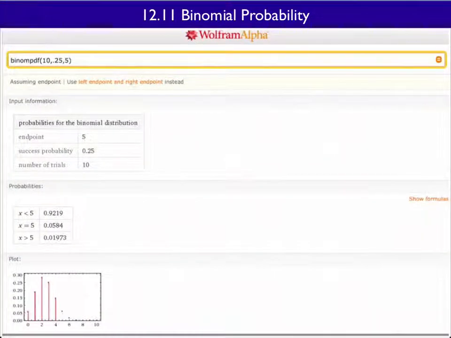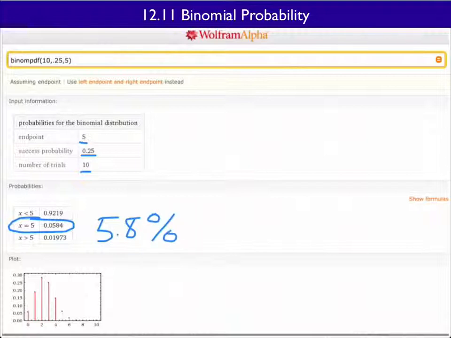Looking at the input information, it says our input was 5, and that is our x, our number of successes. Our success probability is 0.25, and the number of trials is 10. So that is correct. Now looking at the probabilities, what we're looking for is when x equals 5, and there is our 5.8% that we had gotten using our other calculator as well.